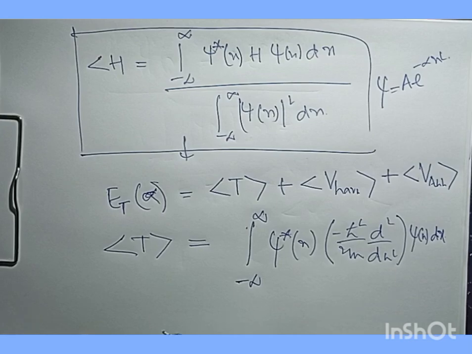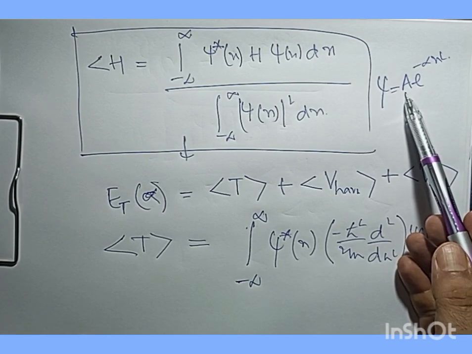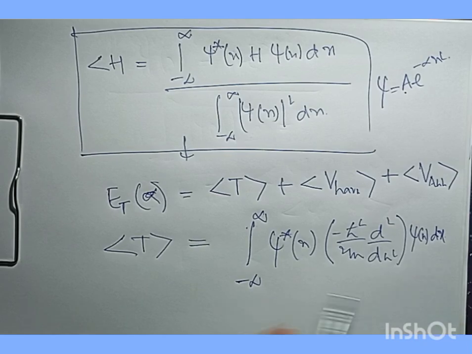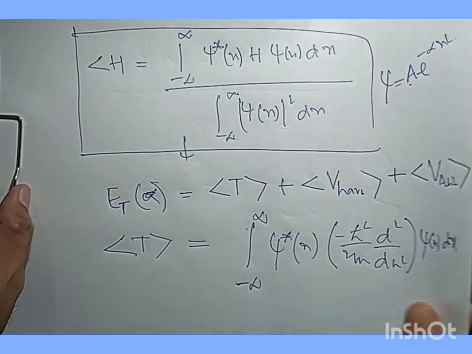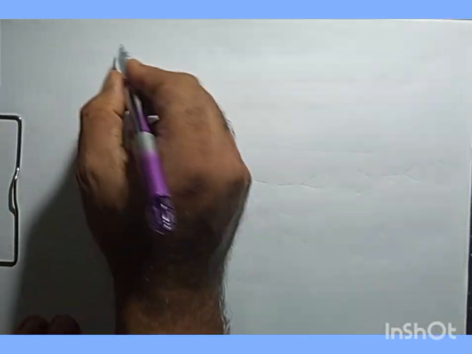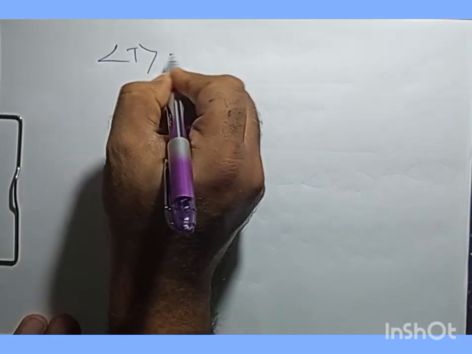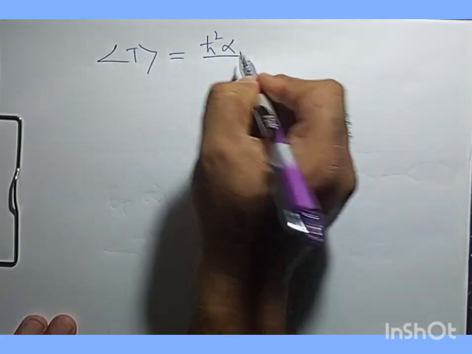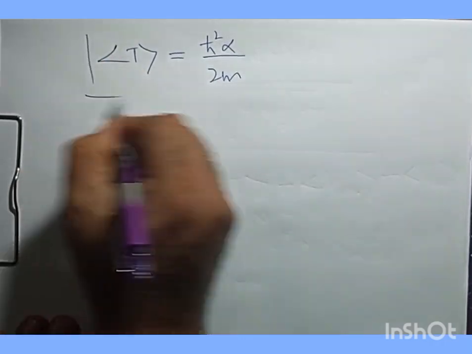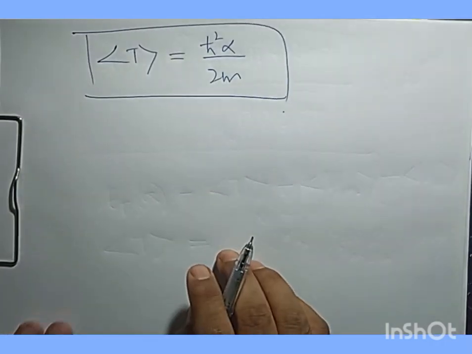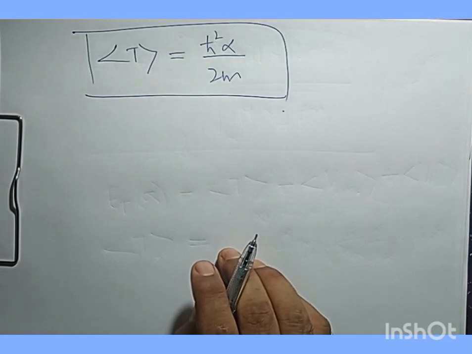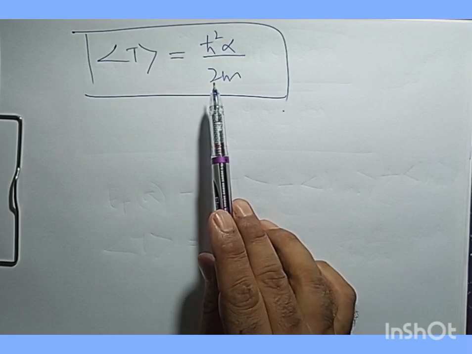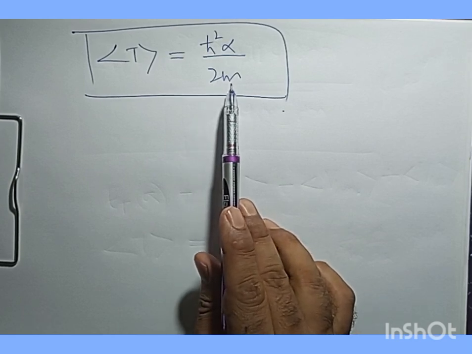We have done in the previous video, we have calculated this A and this alpha, and the expectation value of kinetic energy comes out to be h cross square alpha by 2m. On evaluating that integral, what we finally find is h bar square alpha by 2m.